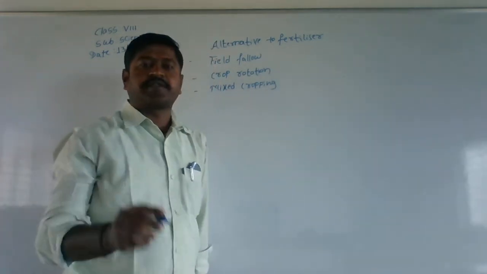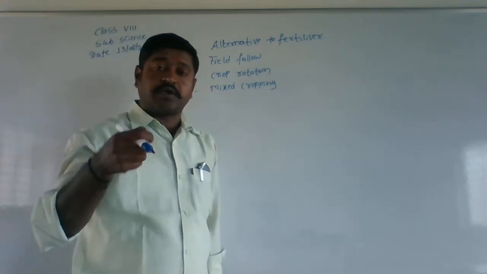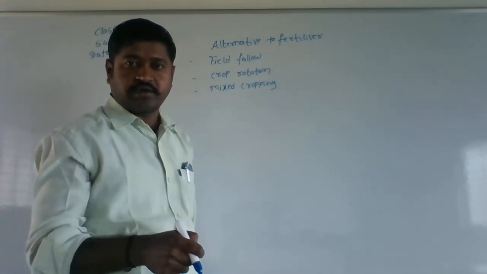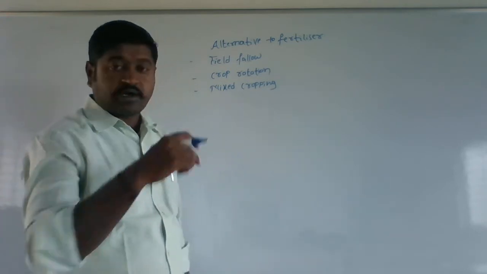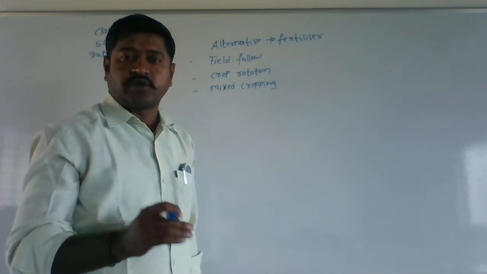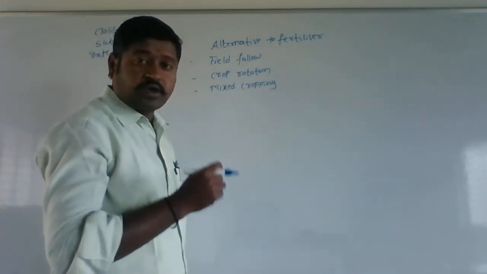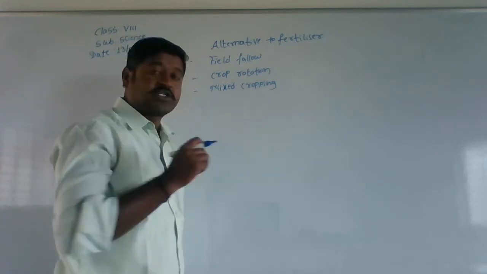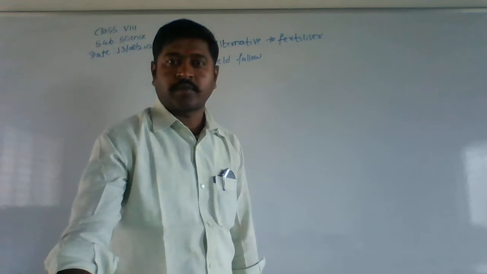So these are the three methods which are used to replenish the nutrients in the soil apart from using fertilizers. So this is an alternative method to avoid use of too much fertilizer. In that, first we have field fallow, crop rotation, and then mixed cropping. So we'll see it now one by one.